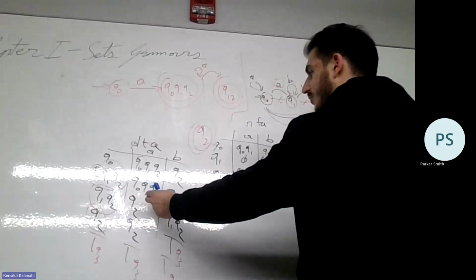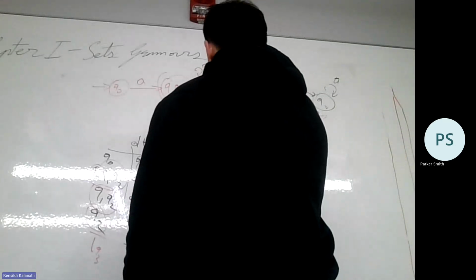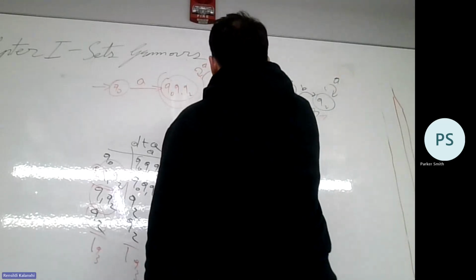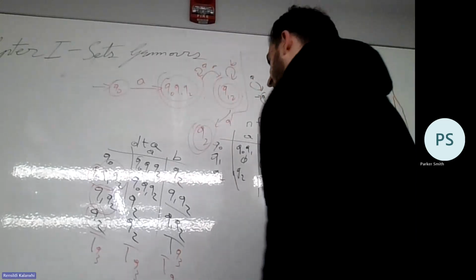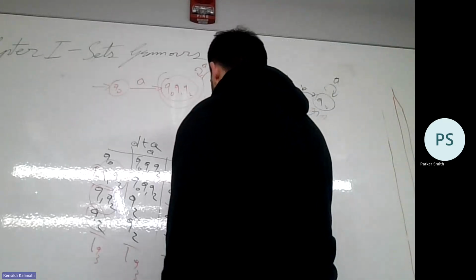So Q0, Q1, Q2 pointing at Q2 with B. Then Q1, Q2 is pointing A at Q2. And then it's pointing A at itself, pointing B. Q2 then is pointing A at itself.